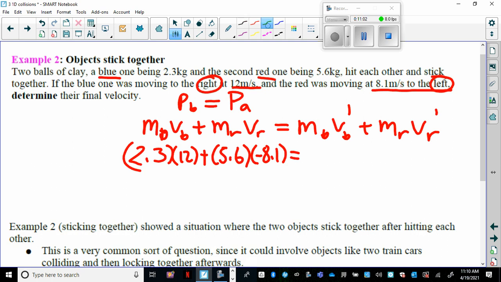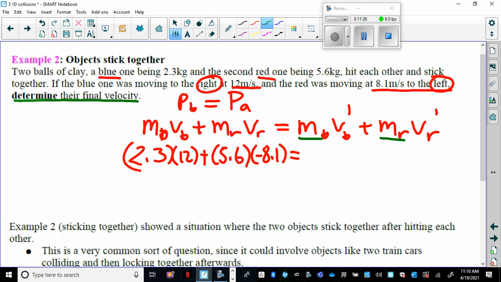Now, at this point, you're going to notice, well, I've got a problem here. I've got the mass of the blue. I've got the mass of the red. But it says determine their final velocity. Well, in other words, I've got two unknown variables. Well, you don't really have two unknown variables because if they're stuck together, then they're obviously moving at the same velocity.